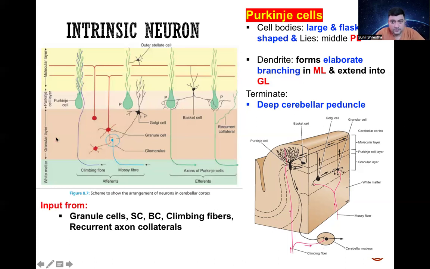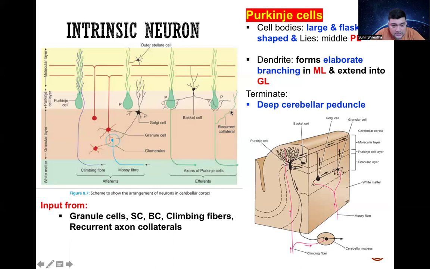Input for the Purkinje cell comes from the granule cells, stellate cells and basket cells. You can see inputs from the climbing fibers as well as from the recurrent collateral.